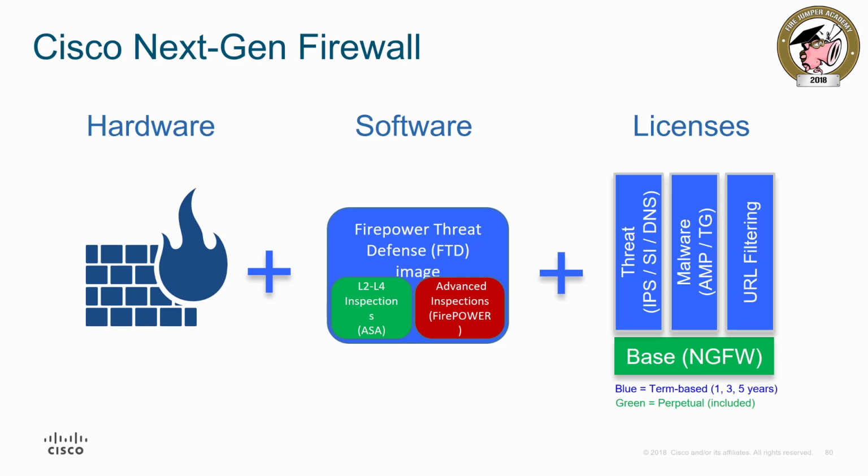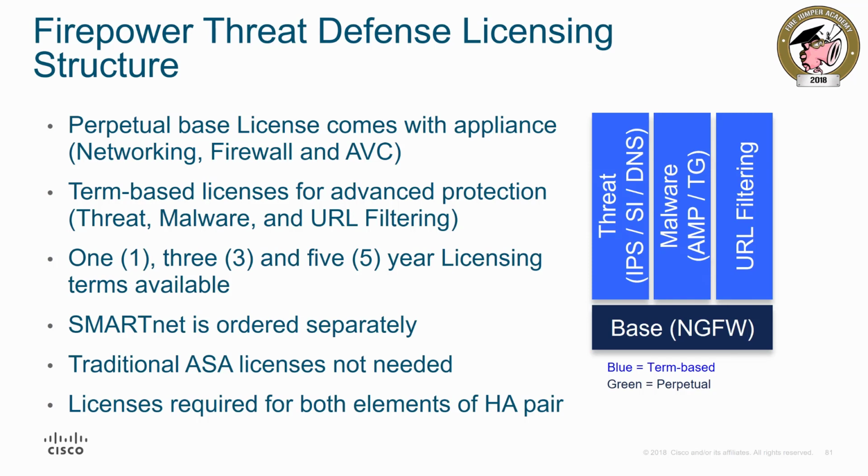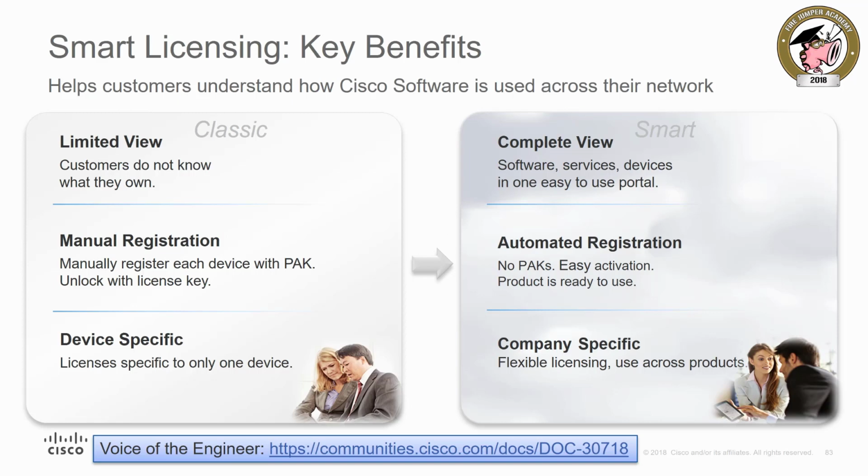In terms of smart licensing, you have the traditional or classic licensing scenario on the left there. There are key benefits associated with smart licensing in that sense. This essentially helps customers understand how Cisco software is used across their network.